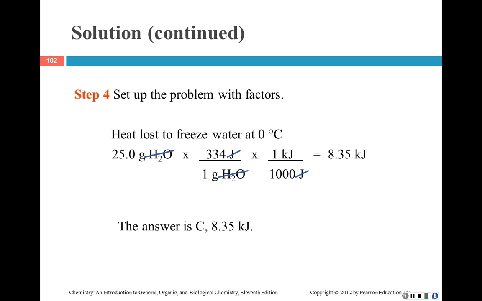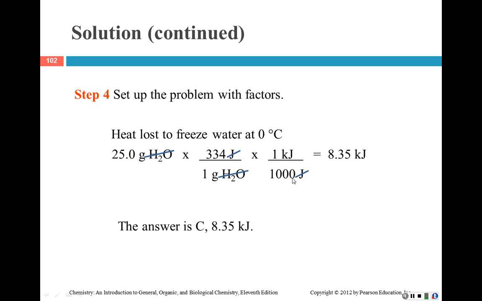Then what we do is, we start with 25 grams of water. The next thing you put to cancel is going to have to be grams of water on the bottom. So our conversion factor, which was 334 joules per gram of water, cancels those. We're left with joules, but we want kilojoules.